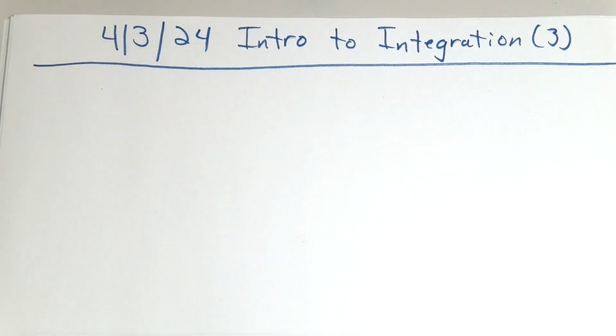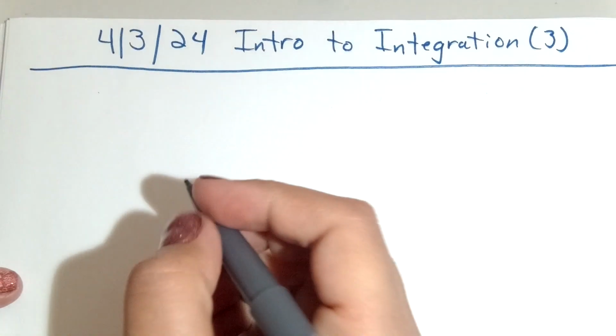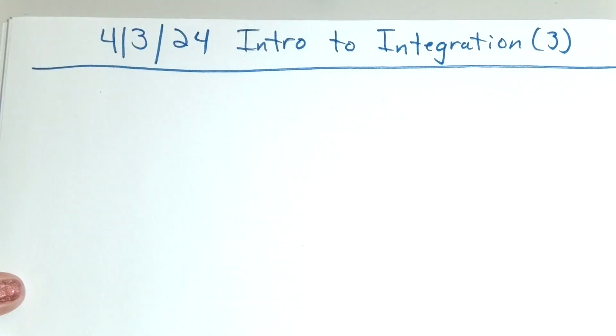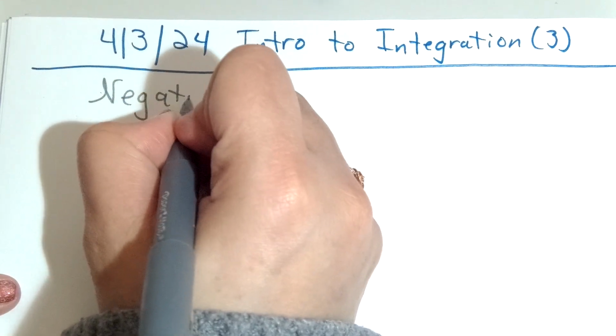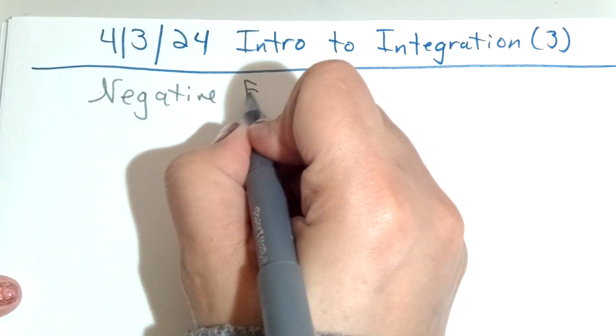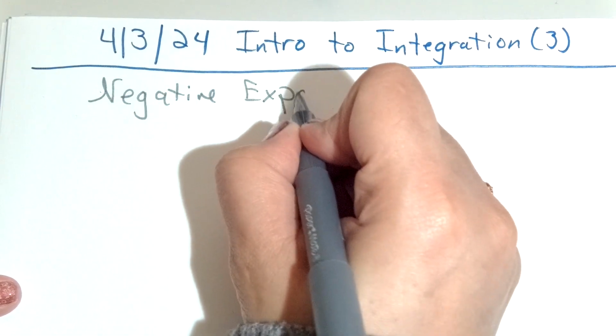So we have a few things that we need to remember before we get to today's examples. So I'm going to give you the rules for level 3 and 4, just so that we have them in the notes so I don't have to re-give them to you. Negative exponent rule. Can you guys see that? Okay.